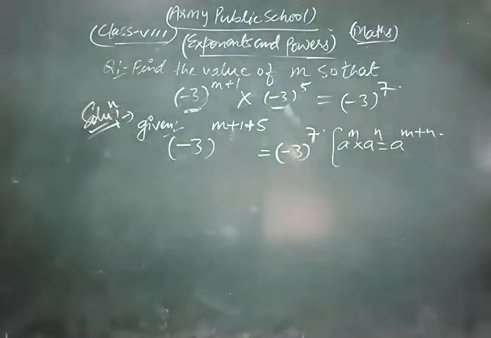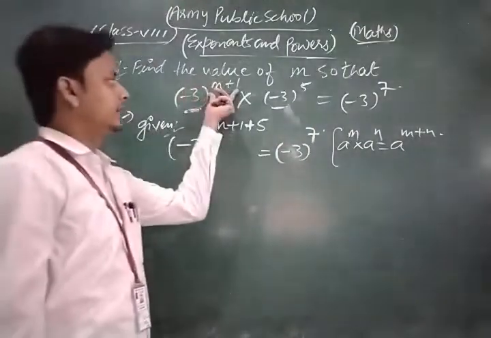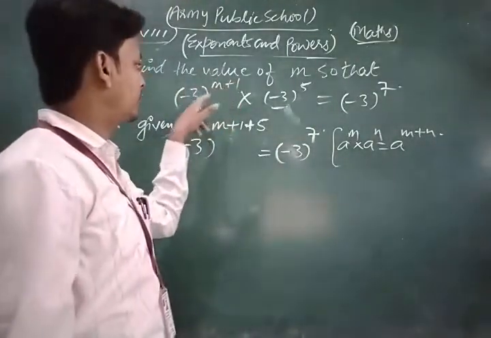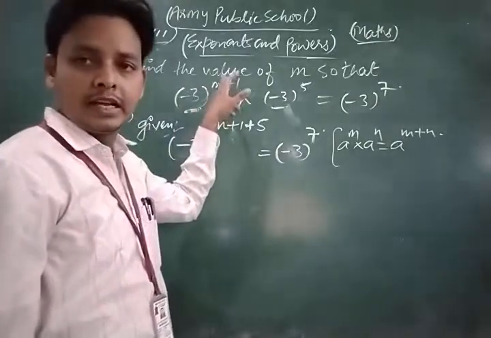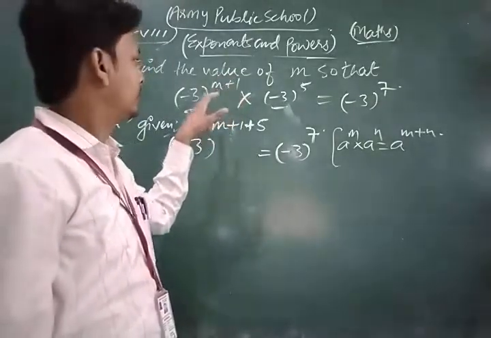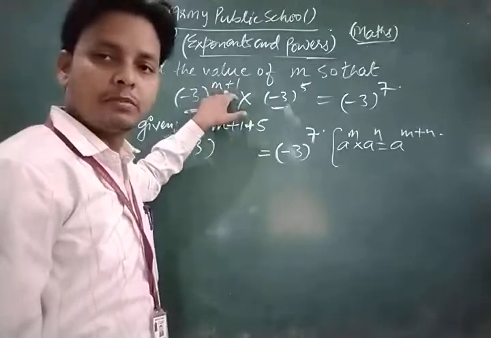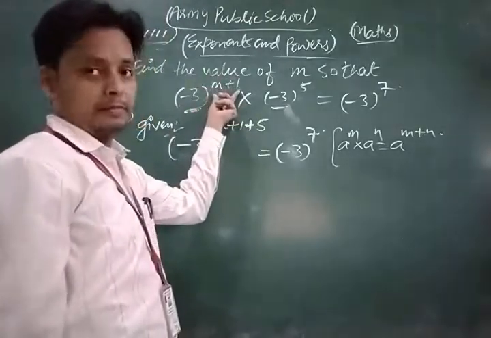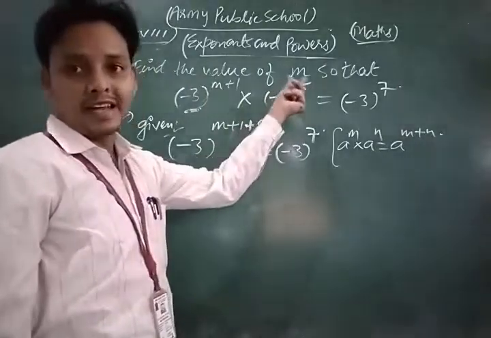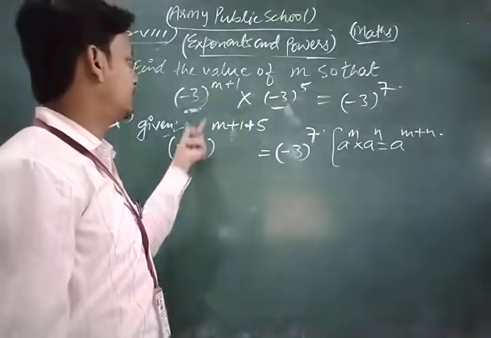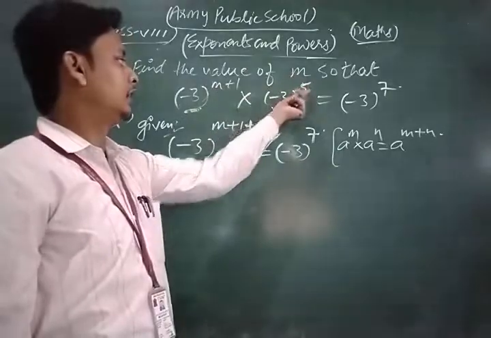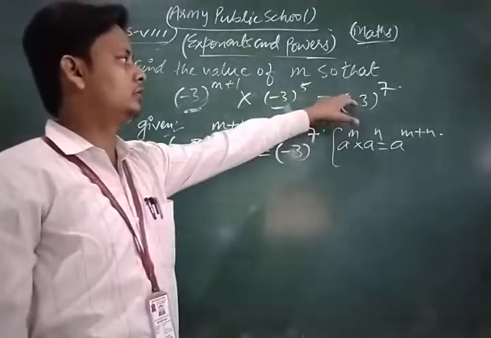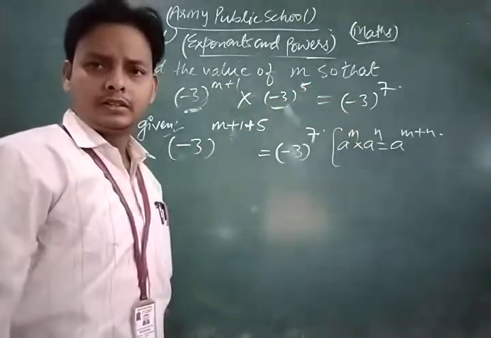Here m plus 1 is the power of minus 3. We consider m plus 1 as m and this 5 as n, so we can write minus 3 to the power m plus n is equal to minus 3 to the power 7.